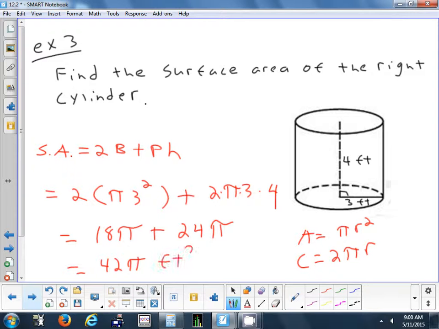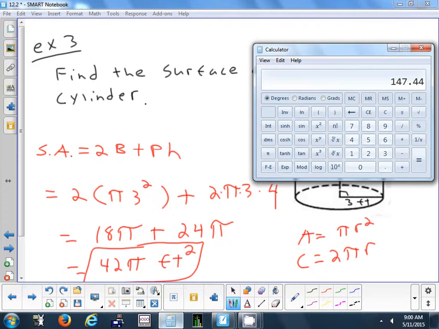If they wanted a decimal, how would you change 42 pi to a decimal? What does 42 pi mean to do? Multiply by what? 3.14. Yeah. On MCAS, they will want it as a decimal. So take 42 times 3.14.